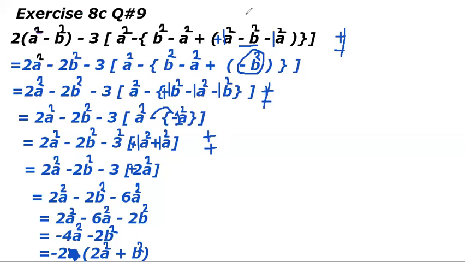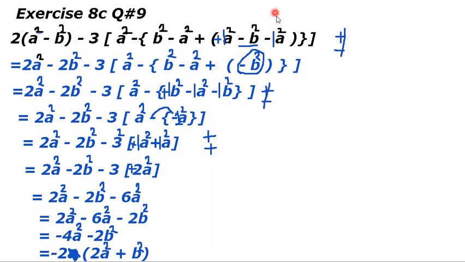Now let's see what's happening in the next step. 2a square is as it is, negative 2b square is as it is, and negative 6a square. It means that we solved this negative 3 and this square bracket with positive 2a square, and it gives us negative 6a square.